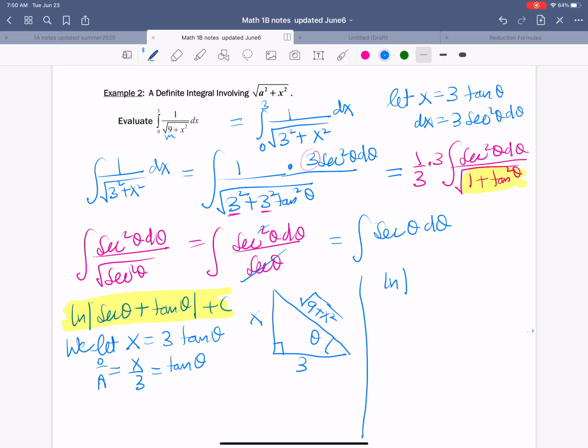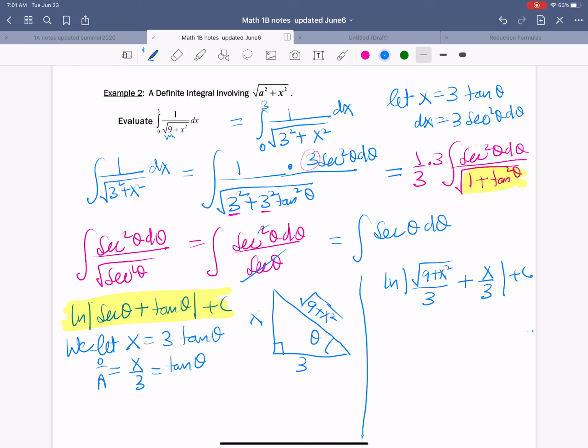Cosine is adjacent over hypotenuse, so we would have hypotenuse, not 9 squared, it would be just square root of 9 plus x squared. Hypotenuse divided by adjacent, that would be secant theta, and tangent theta would be opposite over adjacent. What is the opposite here? The opposite is x, adjacent is 3, plus a c.